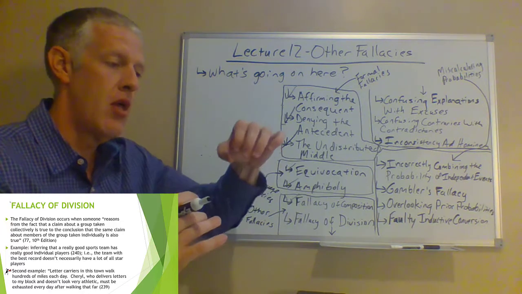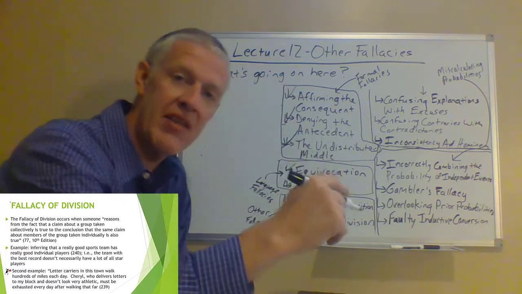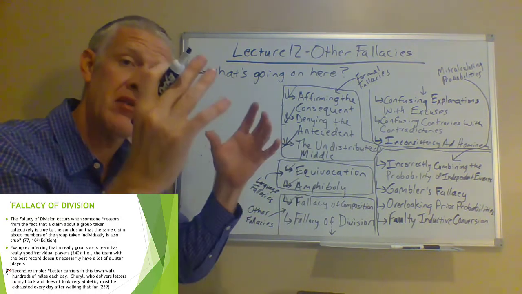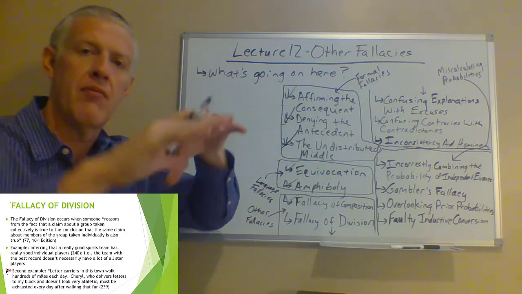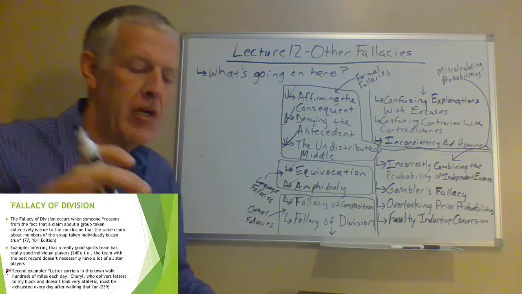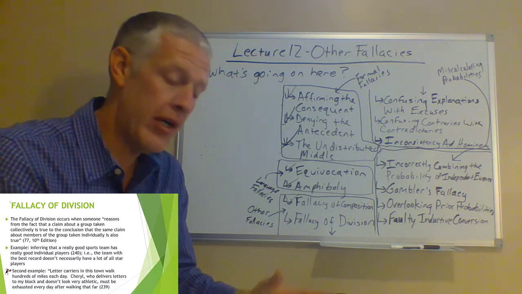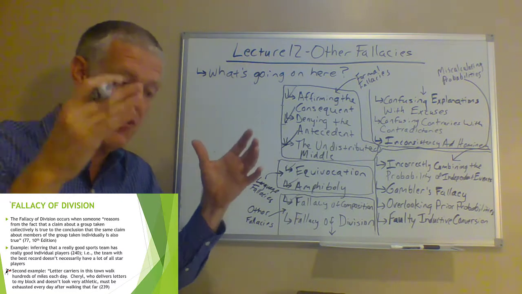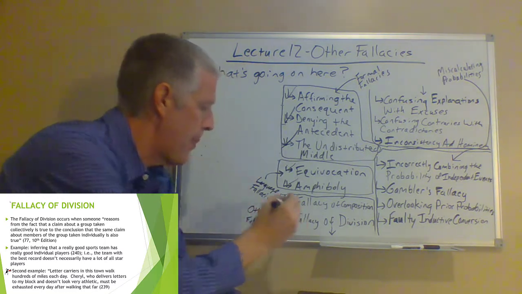The first statement references letter carriers as a whole, and the second statement applies what's true of letter carriers as a whole to a specific letter carrier. Just because it's true of all letter carriers doesn't mean it's true of individual letter carriers. What we meant when we say letter carriers in this town walk hundreds of miles each day is the collective group. We don't mean that it's also true of each individual. So that's the fallacy of division.